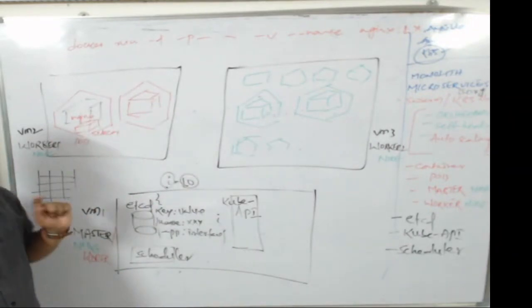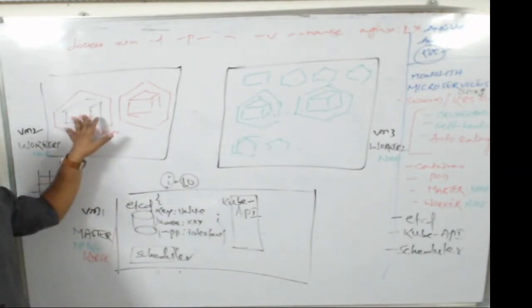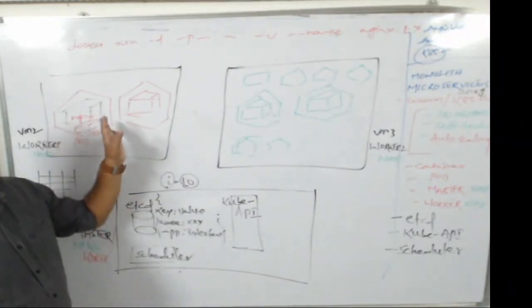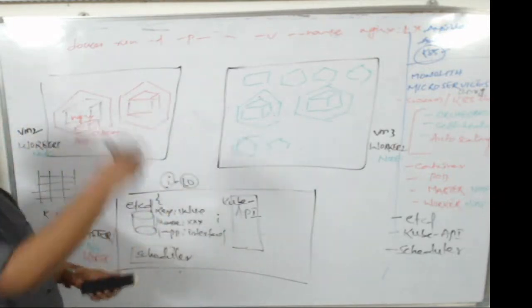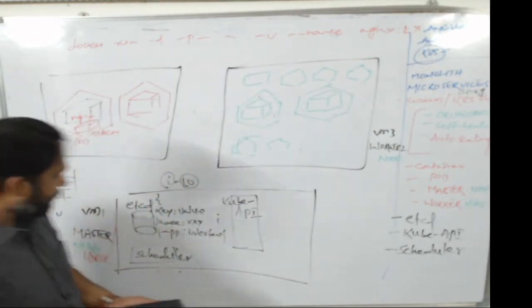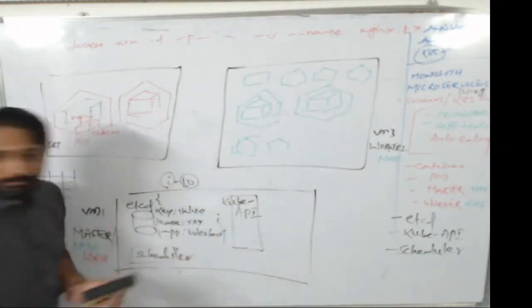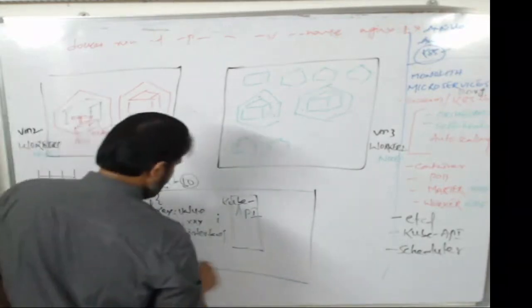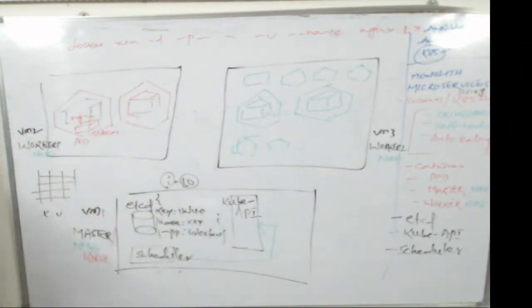It will try to schedule the 10 containers you want. When we say containers, we actually mean pods. So the scheduler will manage or schedule all these pods. And to do that, it has to again talk to the API only. Everything has to go through the API, the gatekeeper.